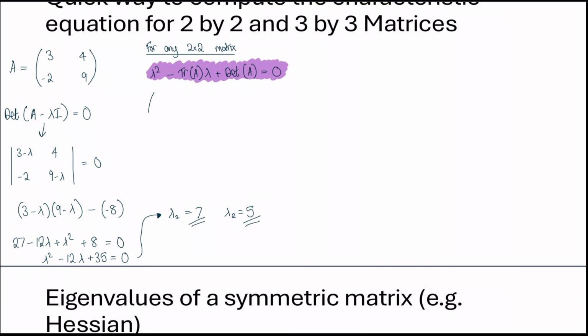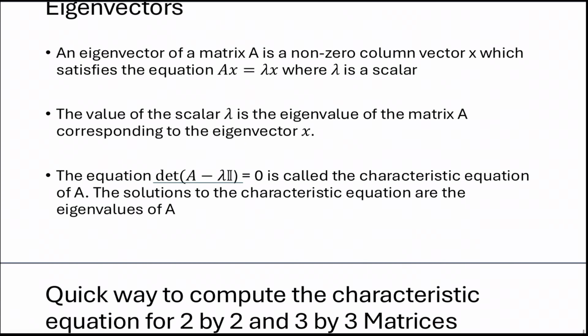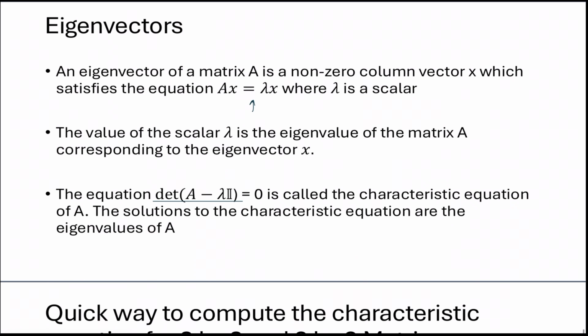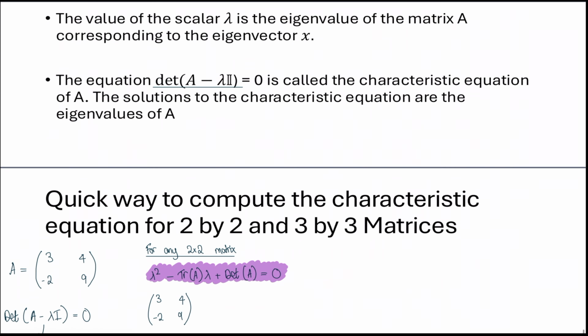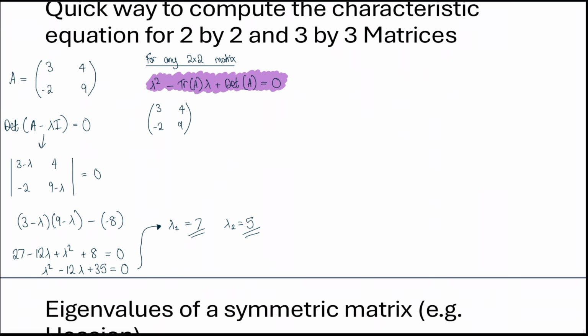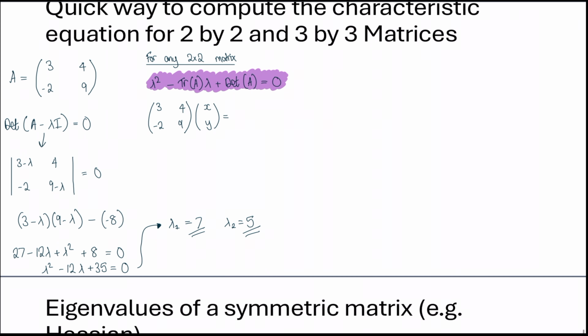Now that we have the eigenvalues, if we had to work out the eigenvector, we would use this equation but now sub in our known values of lambda, or our known eigenvalues. So 3, 4 minus 2, 9 multiplied by the vector xy is equal to 7 lots of the vector xy.